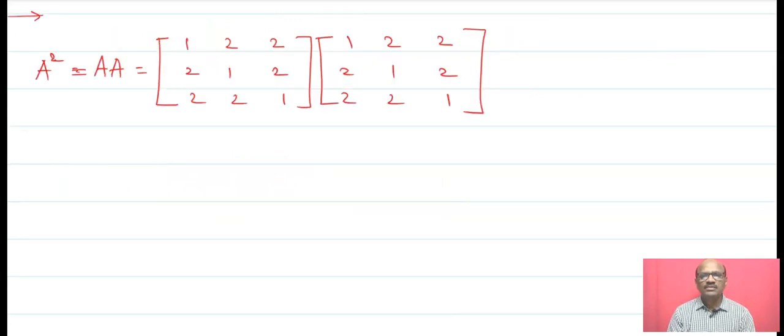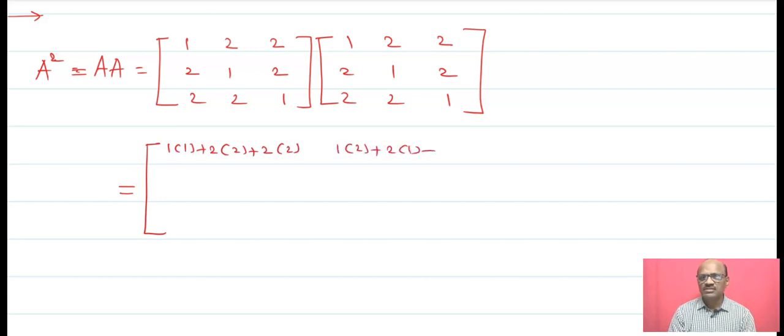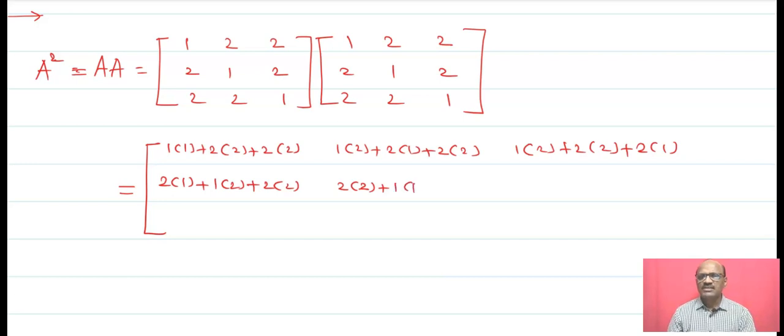Now their multiplication, first row, first column. Now see how I am going to multiply this. You will get it, notice. First row, first column, first row, second column, first row, third column. Now first row means the first row of the first matrix, and column means the column of the second matrix.